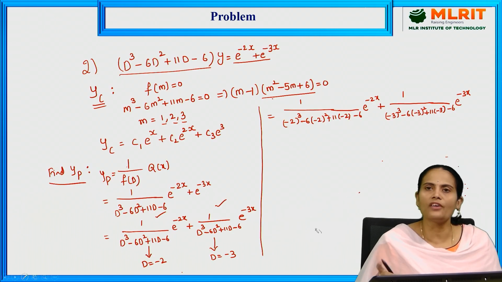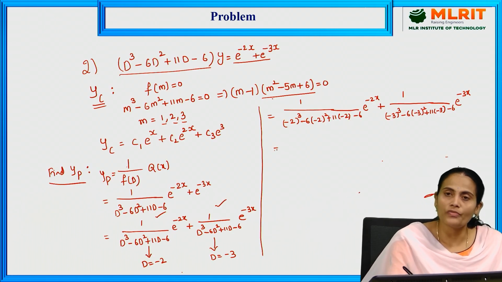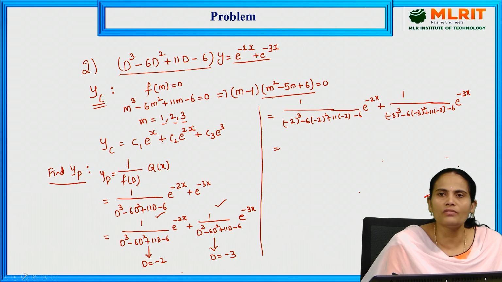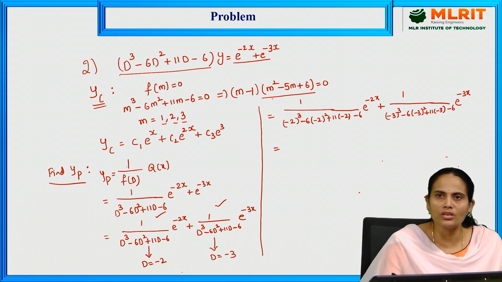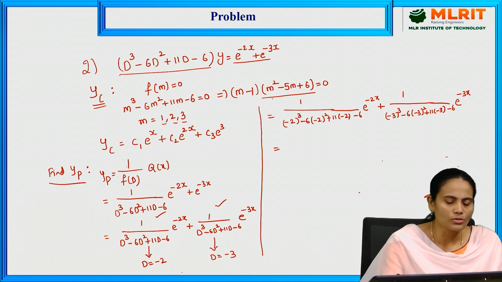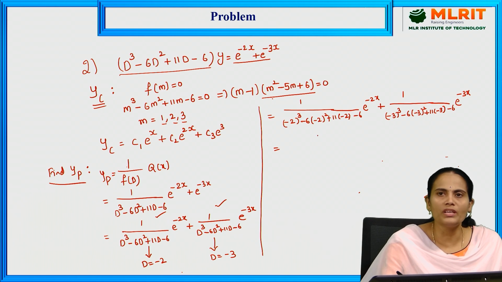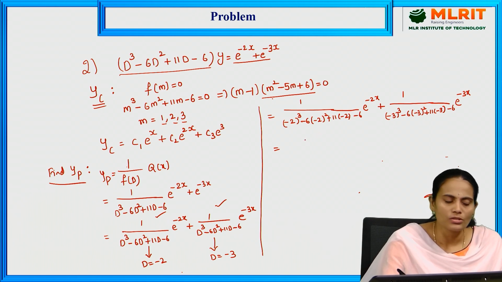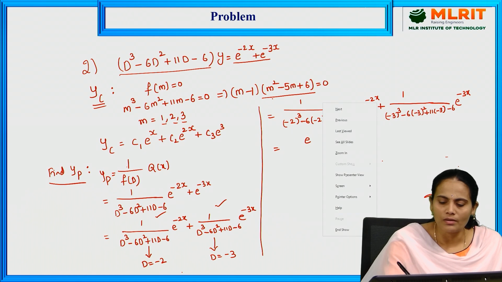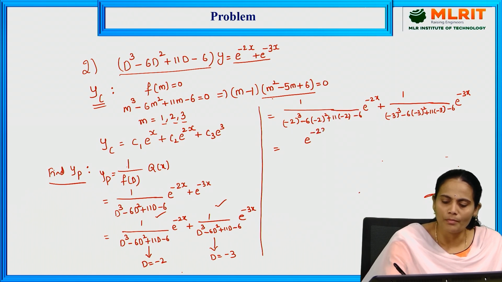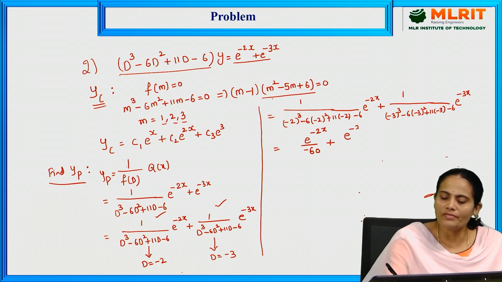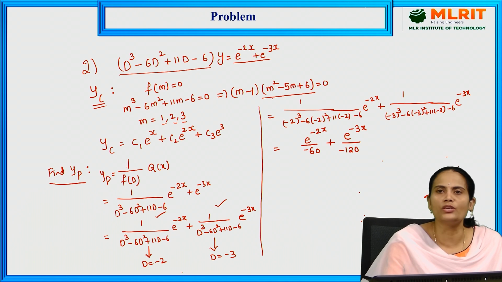Now we have to do the simplification, and check whether the denominator value is 0 or non-zero. Clearly the denominator value is not 0 after the simplification. So it will give e power minus 2x by minus 60 plus e power minus 3x by minus 120.